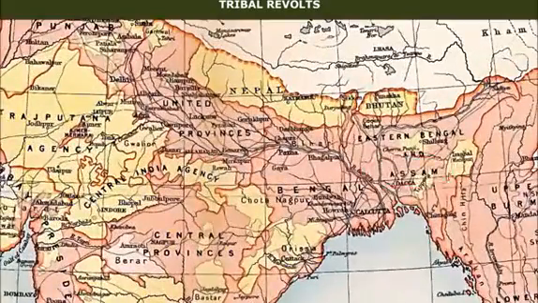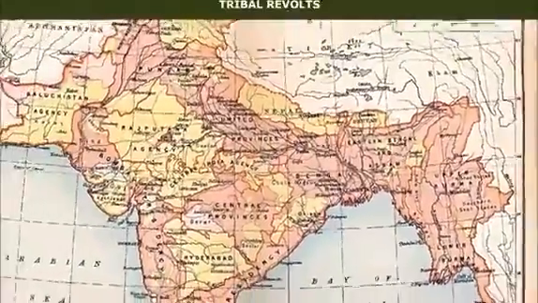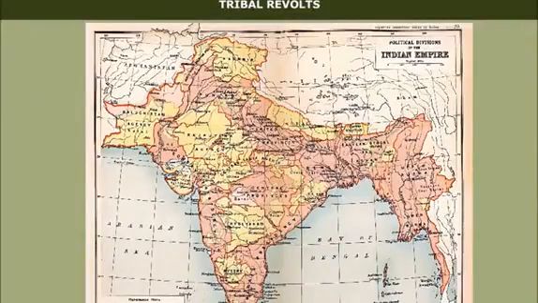The tribes of Assam, Manipur, Odisha and Chota Nagpur also revolted frequently. In 1889, Vasudeva Balwant Phadke organized peasants and tribals and started an armed revolt against the British. All these revolts were spontaneous, localized and short-lived.